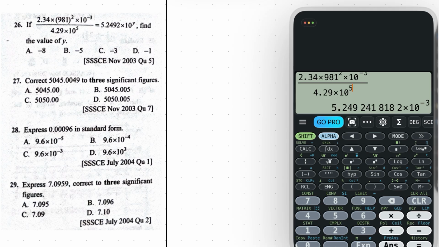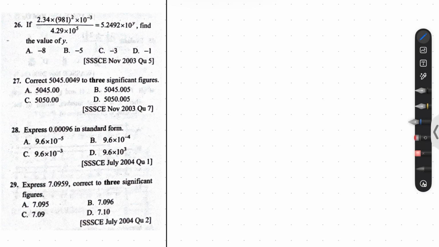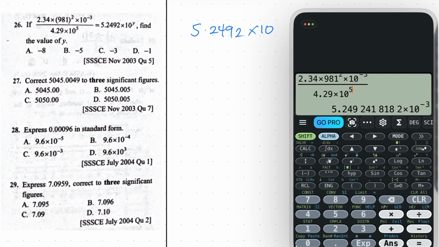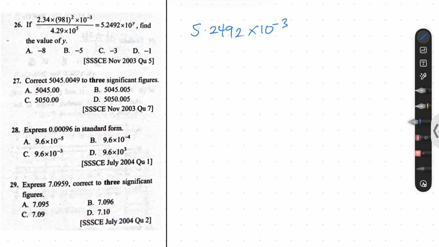So let's write that down, using the pen. 5.2492 times 10 to the power, what was it? -3.